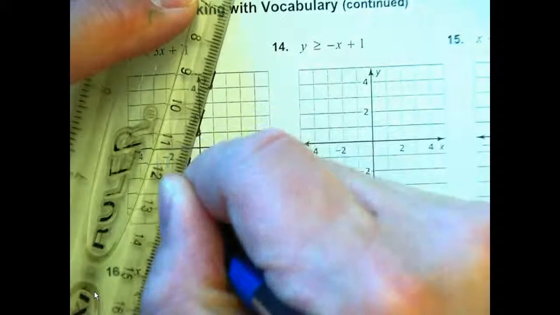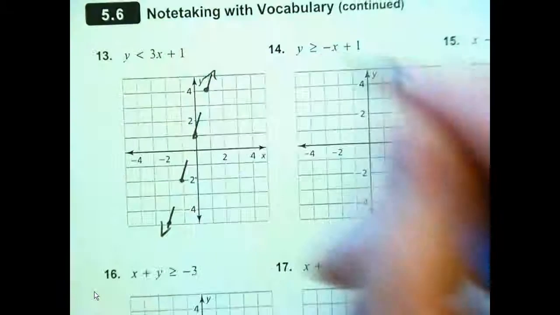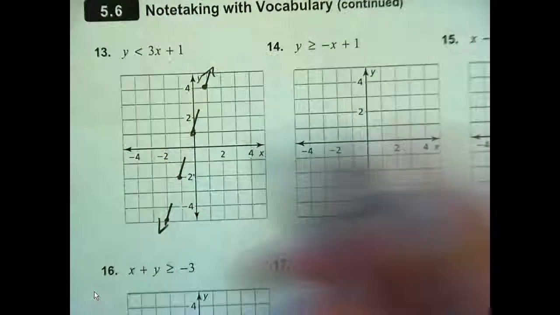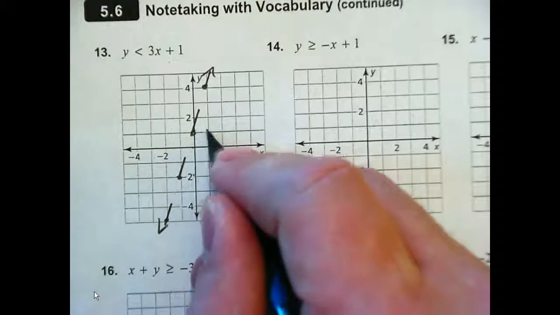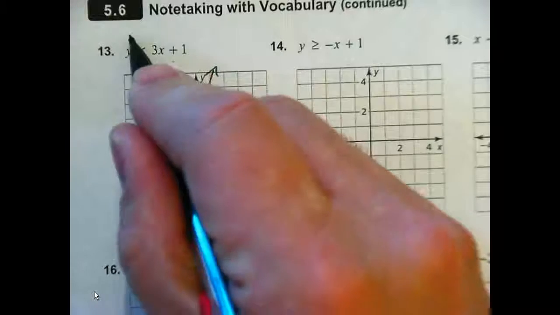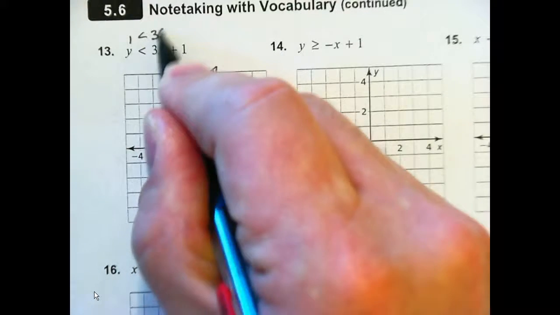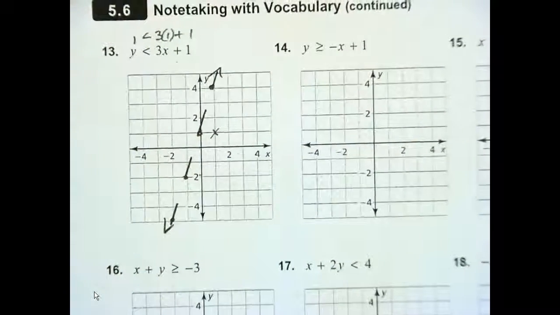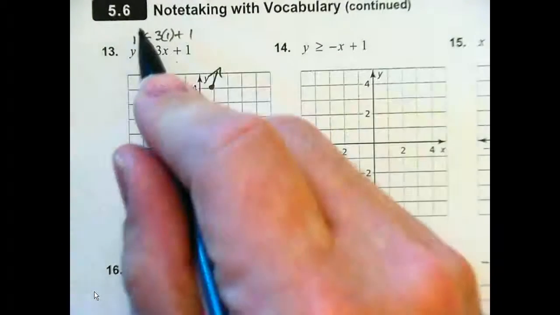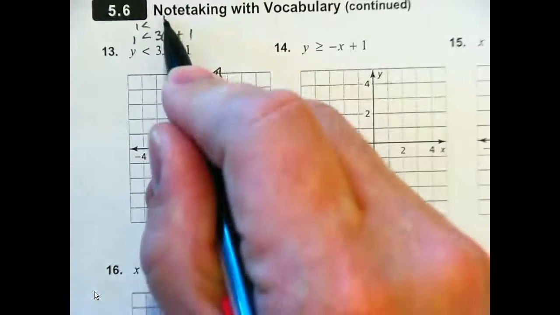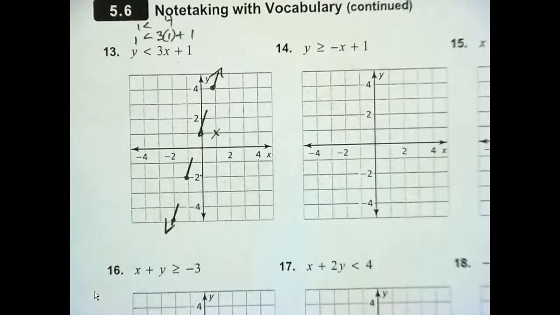And now you have to calculate, you can use any point. So if I wanted to use, maybe not 0, 0, if I want to use 1, 1, is 1 less than or equal to 3 times 1 plus 1? This is 1 less than or equal to 4. Is that true? Yeah, that is true. 1 is less than 4.